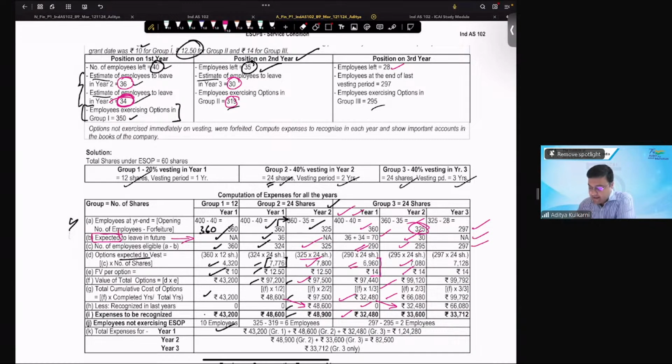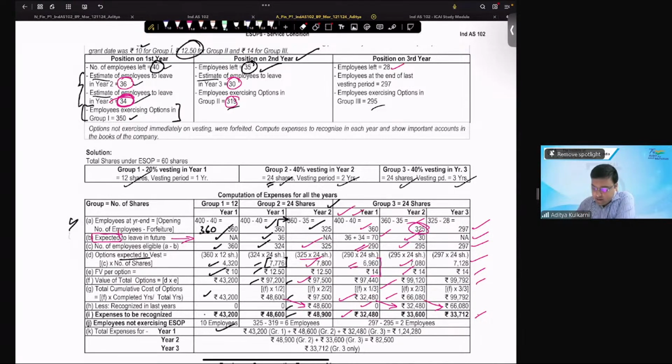So 297 into 24, 99,792 becomes your spend for the cumulative 3-year period, minus what is recognized up to 2 years, 66,080. So last year's expense will be 33,712. Are we okay? Yes, sir.